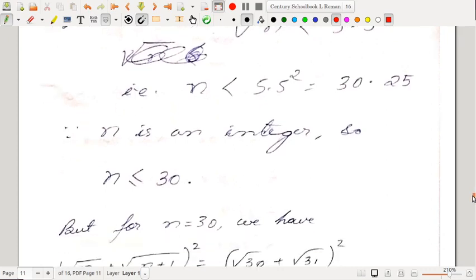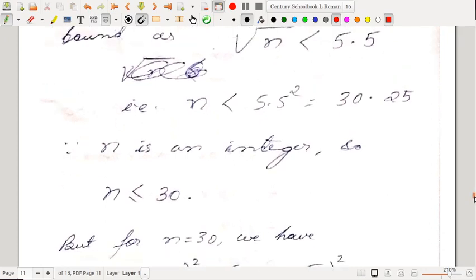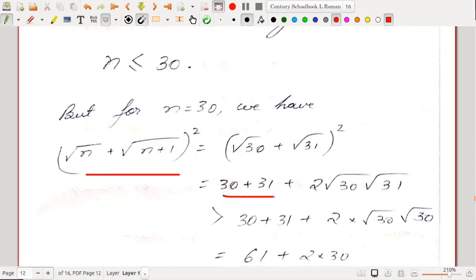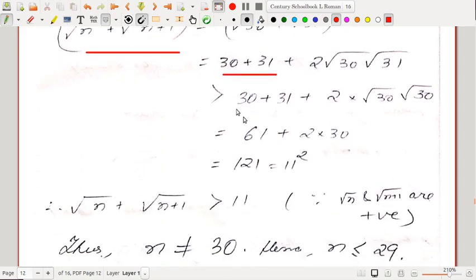Now let us see if 30 satisfies this or not. If n is 30, then this square becomes 30 plus 31 plus 2 into root 30 into root 31, right? But in that case it is strictly greater than 30 plus 31 plus 2 into root 30 into root 30, because root 31 is greater than root 30.